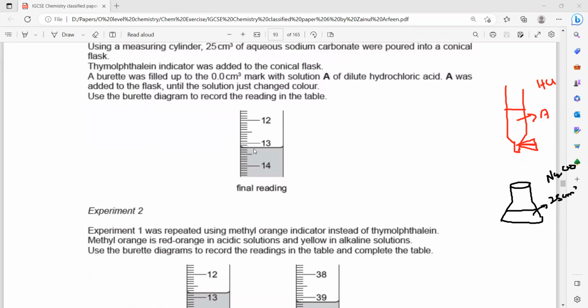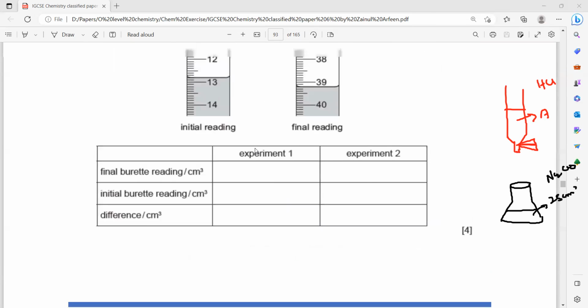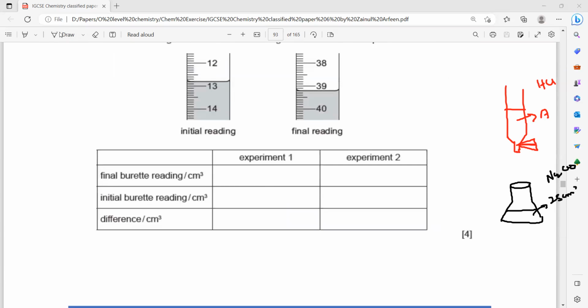How much is the final reading? 13.2. So the initial burette reading was 0.0, the final burette reading is 13.2, and the difference will be 13.2. So in the first experiment, 13.2 cm³ of HCl is used.